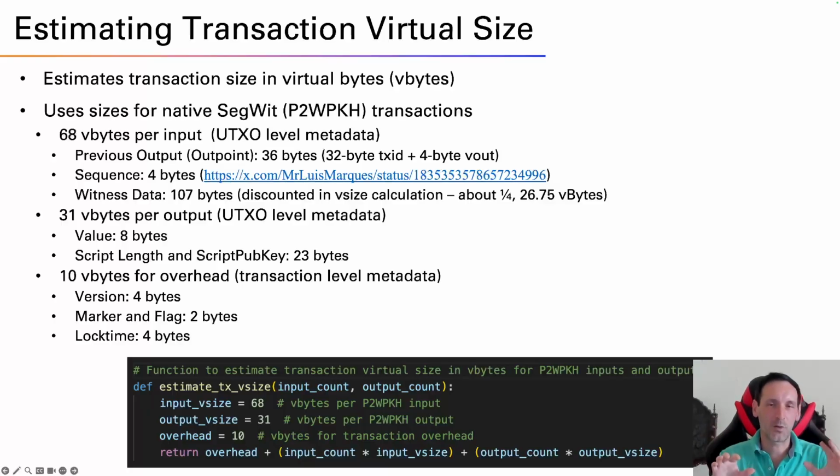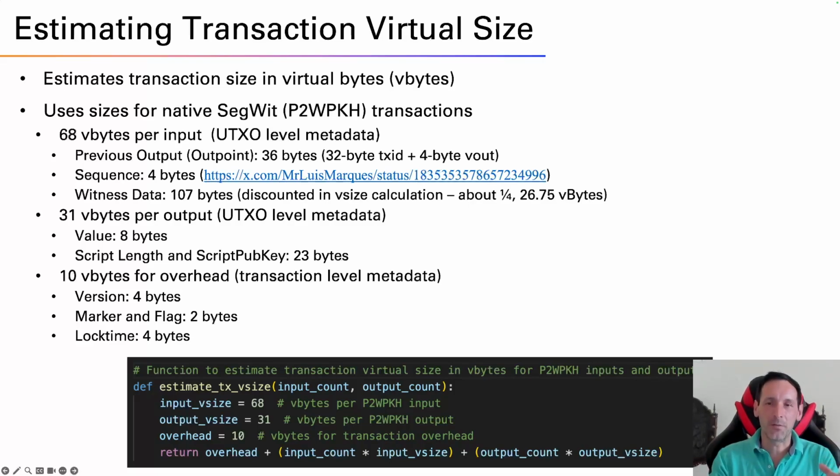But if you want to search it online, a quick search on Google for vsize, Bitcoin, SegWit will find lots of detailed information. I just wanted to briefly mention it, because obviously there is vsize, virtual size, and the actual size in bytes, and you probably wanted to know exactly why vbyte. Everyone knows what a byte is, but no one knows what a vbyte is. So yeah, there you go.